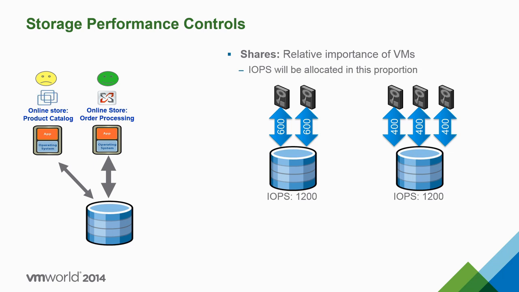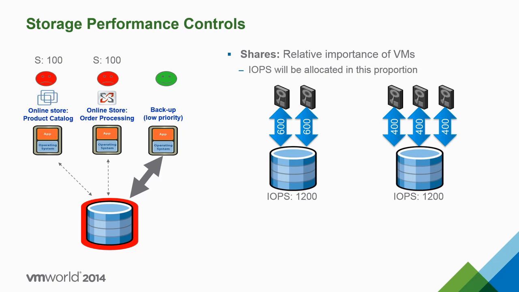Now each one of them has equal shares, except the performance that the individual gets is not 600 anymore. They are sharing the available performance in an equal proportion. So in this case, if you have shares, everybody's getting roughly the same performance.